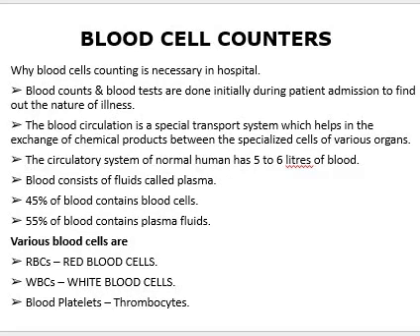The next one is how much blood there will be in our body. Normally in the human body there will be 5 to 6 liters of blood. 45% of the blood contains blood cells, and the remaining 55% is plasma fluid. Plasma is a very important fluid for the fluidity of the blood.